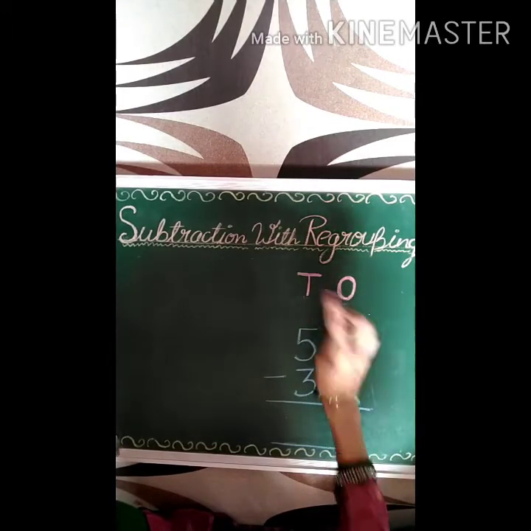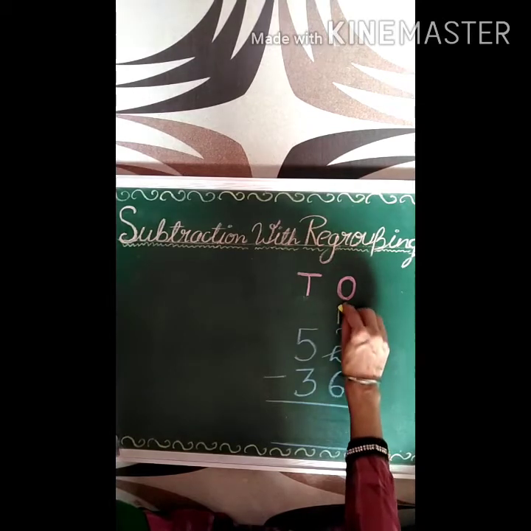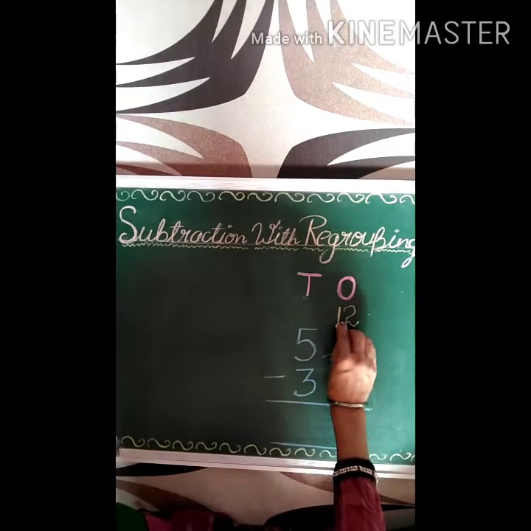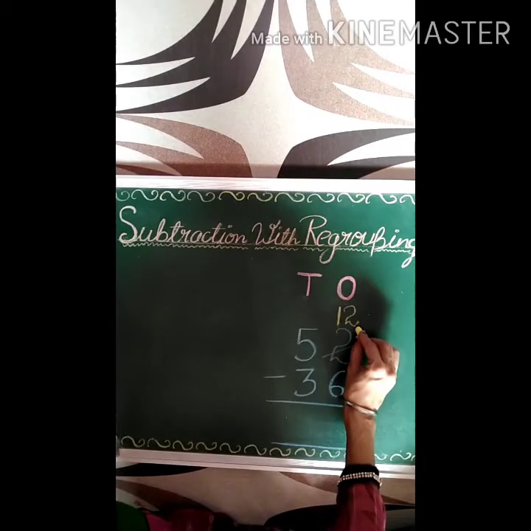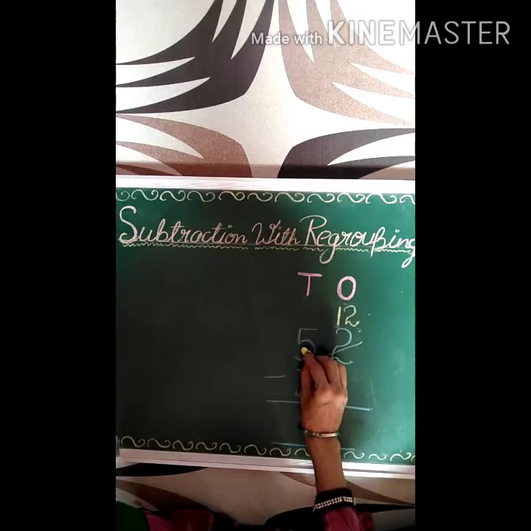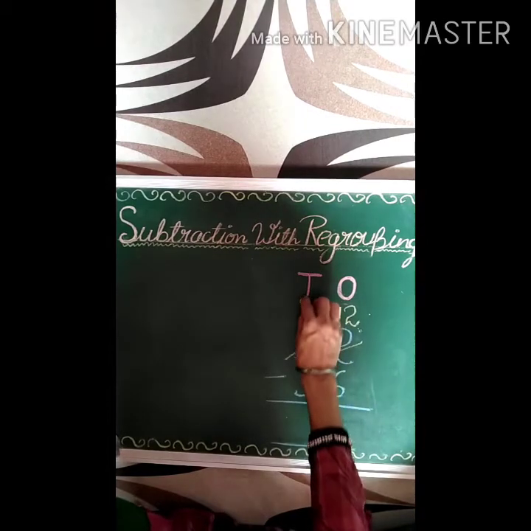Then 2 will become 12, because we keep the 1 at the tens place of 2. That will become 12. And our friend at the tens place was having 5 sticks. Now he is having 4 sticks.